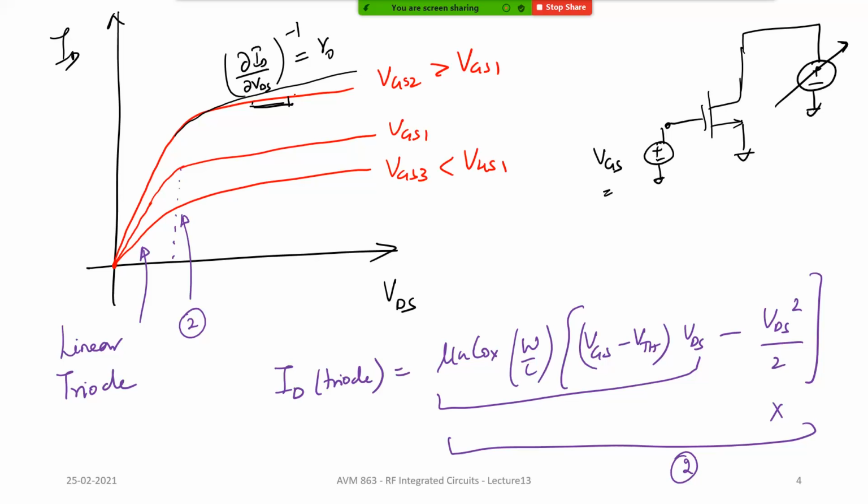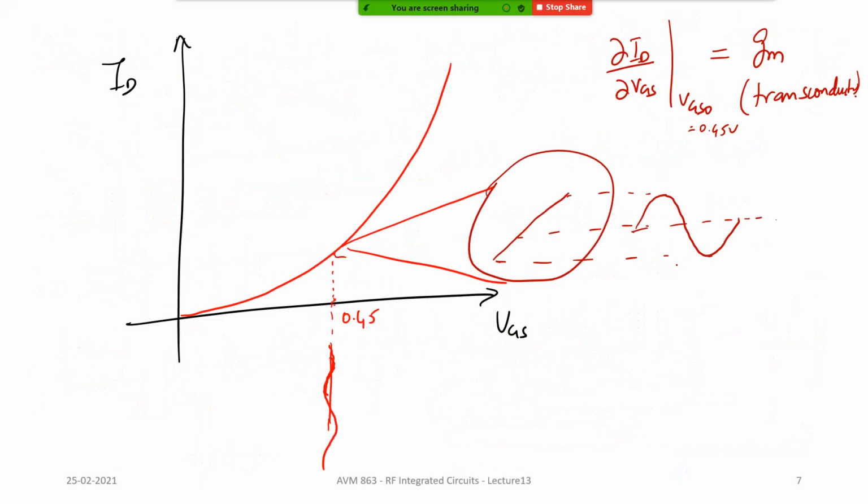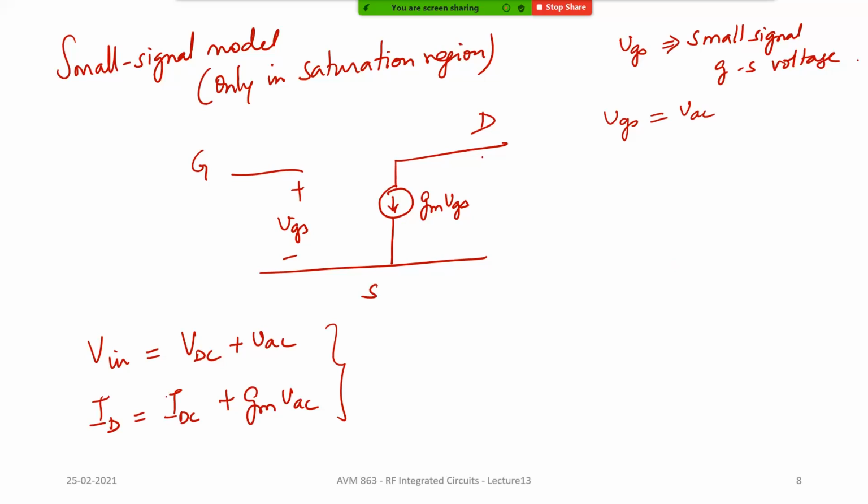Another way to denote it is to say that this current source has a shunt resistance R0, where R0 is the inverse of dou ID by dou VDS for a given VGS. So it can be thought of as an ideal current source with a shunt resistor R0.